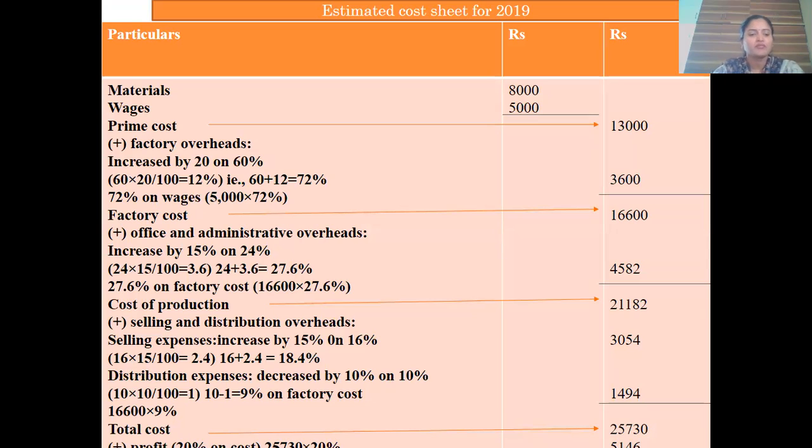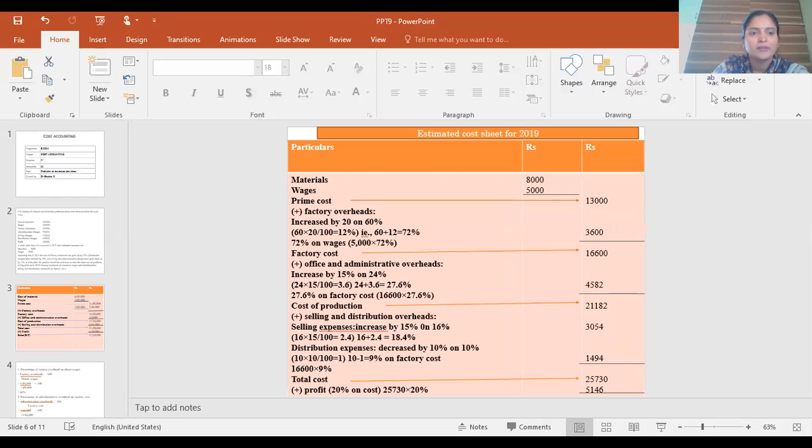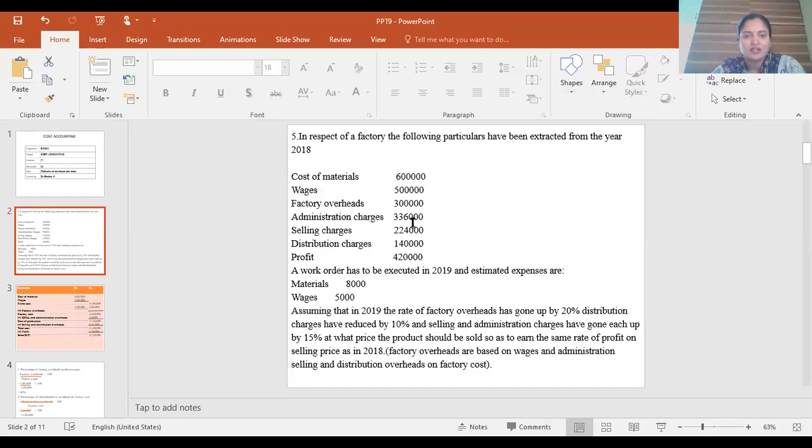Okay, now say already in the problem we know the materials for 2019, how much has been given? How much has been given in the problem for materials? 8,000 he has given. It has to be executed in 2019. Okay, for 2019 materials 8,000 and wages 5,000 he has given.